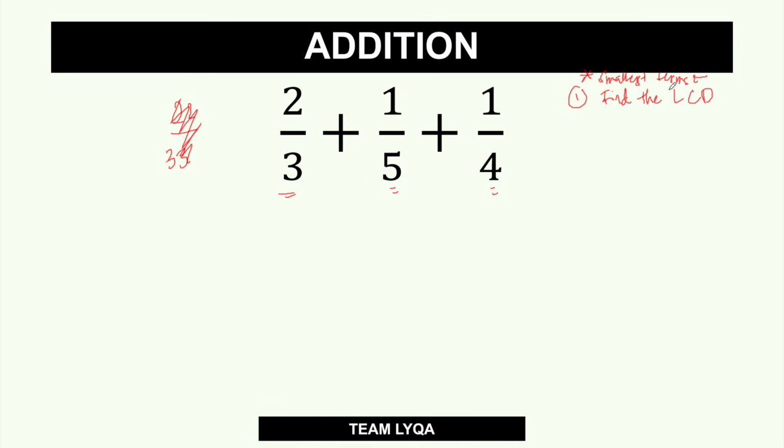Ang advice ko sa inyo, right, when you're finding LCDs, look at the biggest number of all the numbers. So kung compare lang siya, bigger number hanapin ninyo. Pero since tatlo yung numbers na to, you find the biggest number. So ang pinakamalaking number is 5. And then, you can run down sa multiples ng 5 until everything fits. Okay?